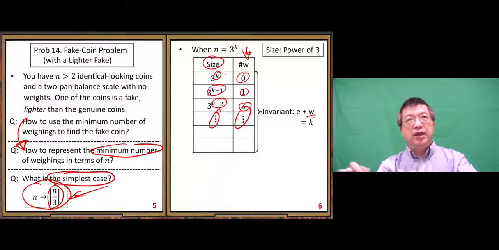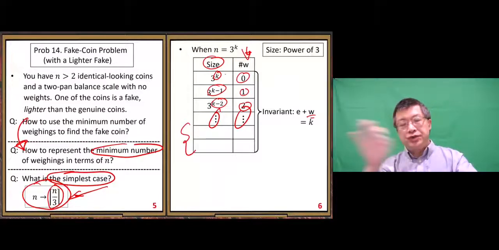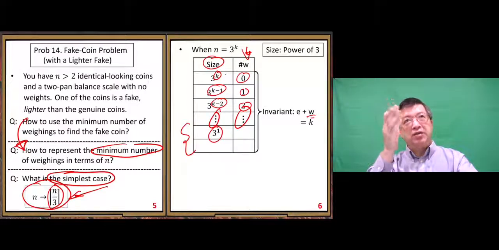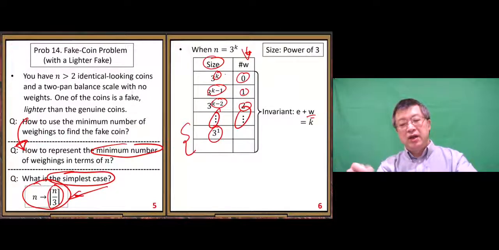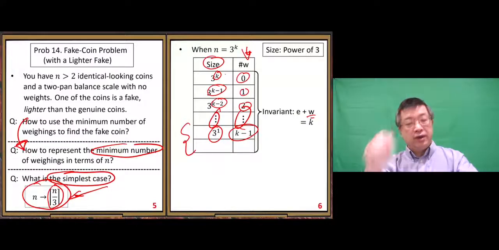With this property, now we can look at the bottom two rows. Here the data size equals 3 to the first, and based on this relationship, the weighings are k minus 1. After k minus 1 weighings, we reduce the problem size to this one. Last row, the destination, 3 to the zero: 1 coin left.